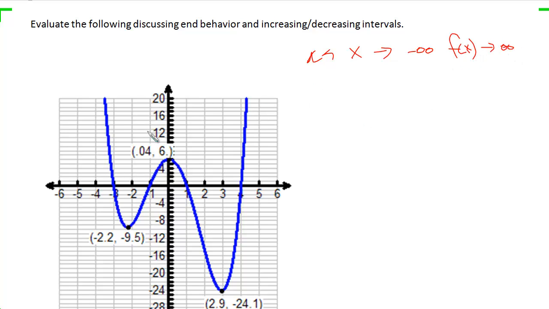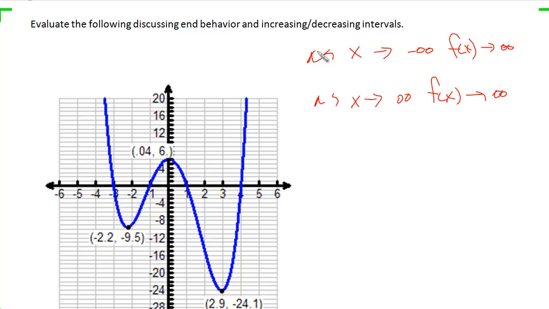That's what's happening in my graph. As I move outward towards negative infinity on my x, I'm moving towards positive infinity on the function f of x. And as x approaches infinity, f of x approaches also positive infinity. So that describes the end behavior.